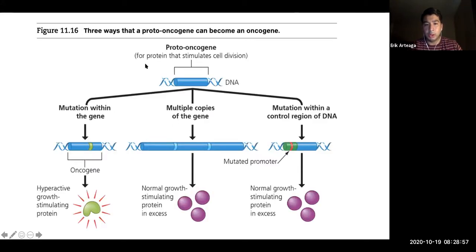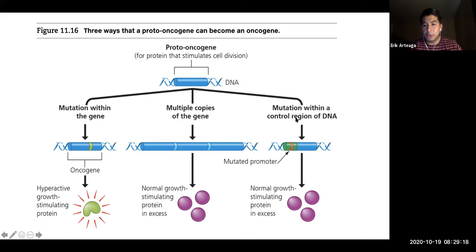So you have a proto-oncogene, a protein from that stimulates cell division, right? So we can have a mutation within the gene. We have the oncogene, a hyperactive growth-stimulating protein. Again, you're going to have increased cell growth this way. So multiple copies of this gene, you have normal growth-stimulating protein in excess, right?